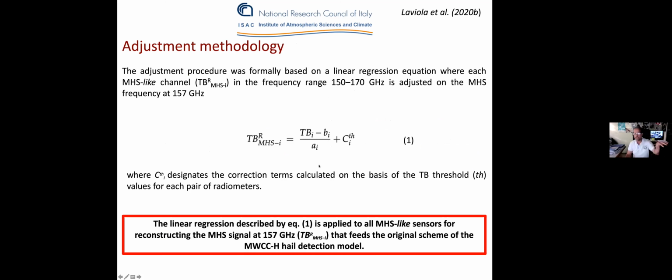On the first member you have the reconstructed 157 gigahertz frequency of the MHS-like instrument, and on the second part you have a correction term strictly dependent on the frequency, on the signal in terms of brightness temperature observed by the reference instruments.